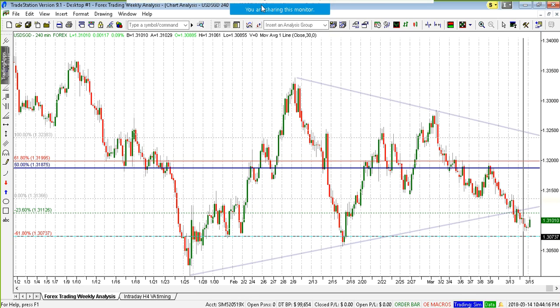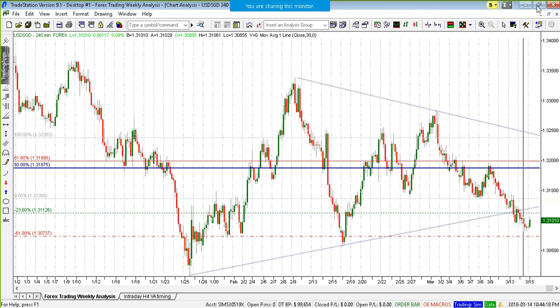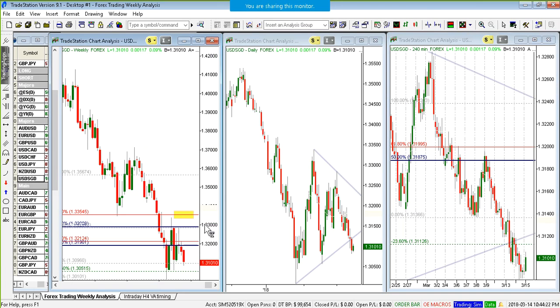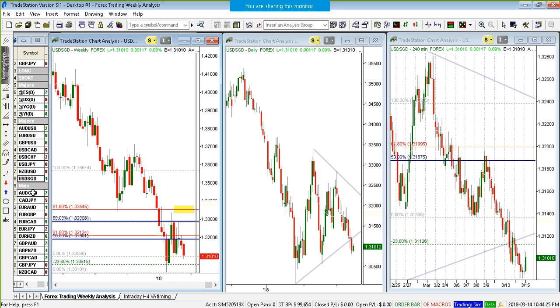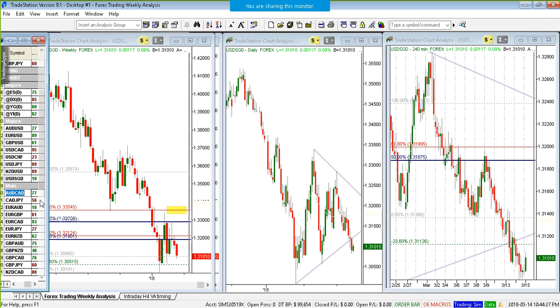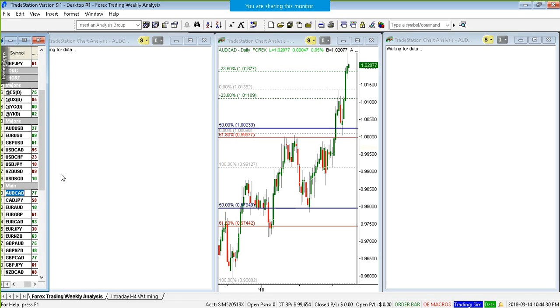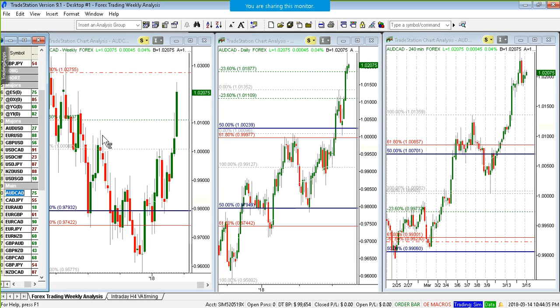It's previous lows as well. We didn't see this market getting into the level yet, but this market could get there as well. Let me review two more markets here: Australian dollar, Canadian dollar, and Canadian dollar, Japanese yen, and then I'll review all the other markets in the second part.